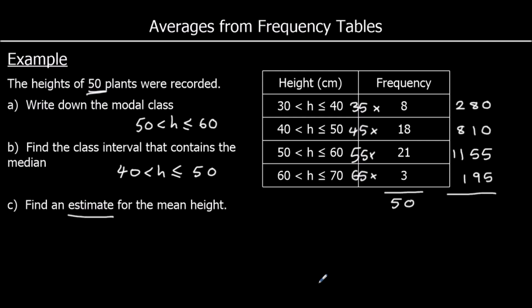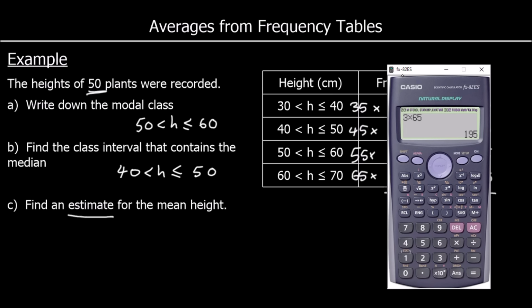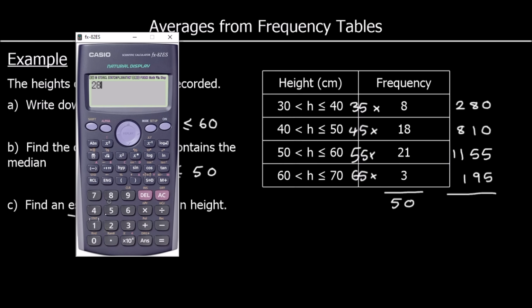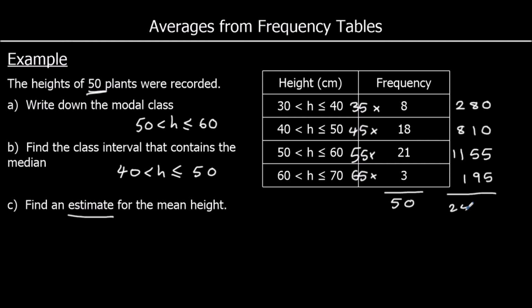So let's add these up. So 280 plus 810 plus 1155 plus 195 adds up to 2440. So we're going to do 2440 divided by 50.